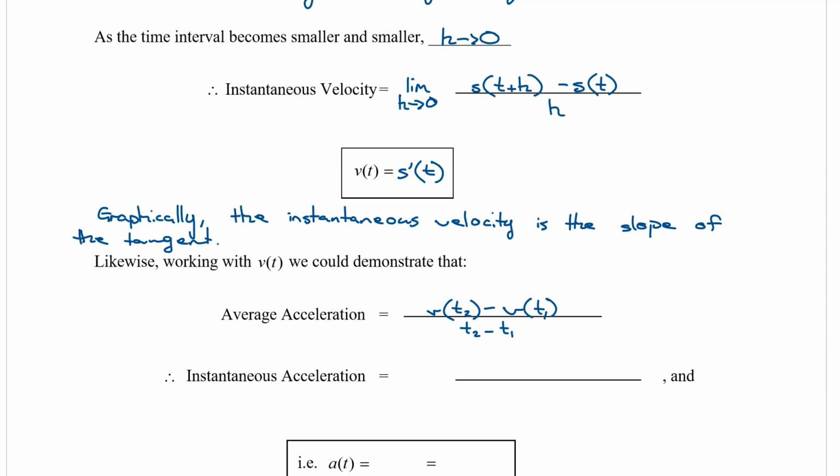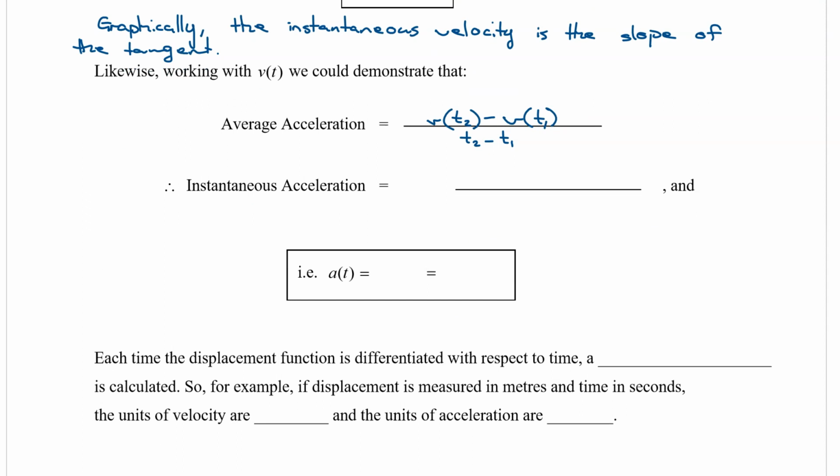And going forward, instantaneous acceleration can be defined as the limit as h approaches 0 of v of t plus h minus v of t, all divided by h, and the acceleration function a of t is equal to v dash of t, which is equal to s double dash of t. So what we can see is that we've got a second derivative. Moving down.